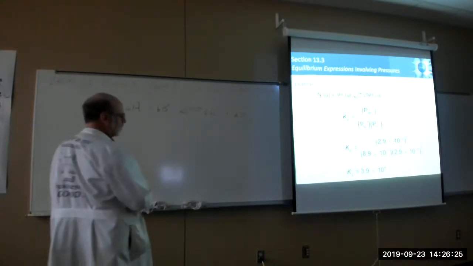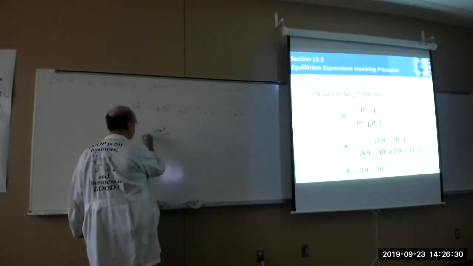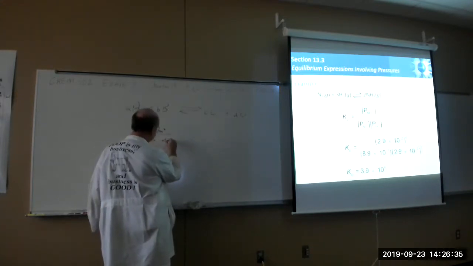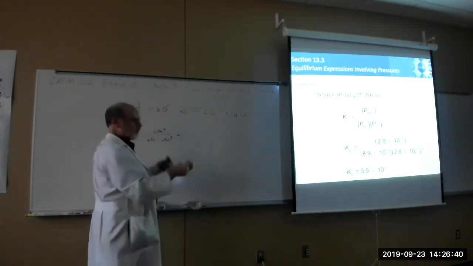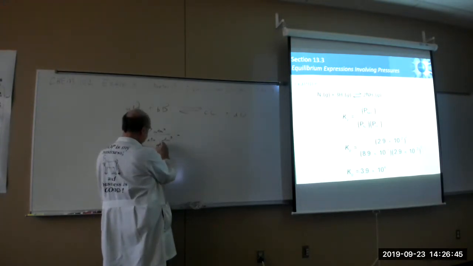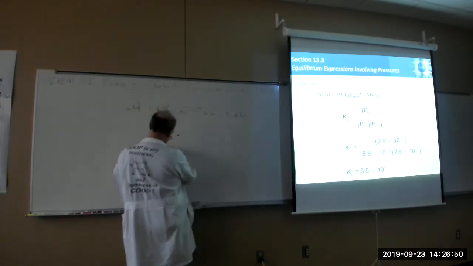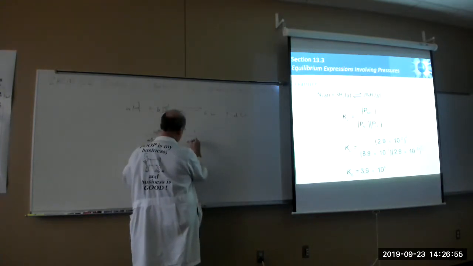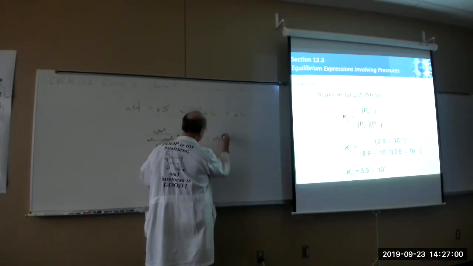Now, if these were in atmospheres, that would be atmosphere squared on top of atmosphere times atmospheres cubed. So the units of measure here, if they were quoted, would be atmosphere squared divided by atmospheres to the fourth, right? So these two would cancel, leave us 2 in the denominator, which would be atmospheres to the -2 power.